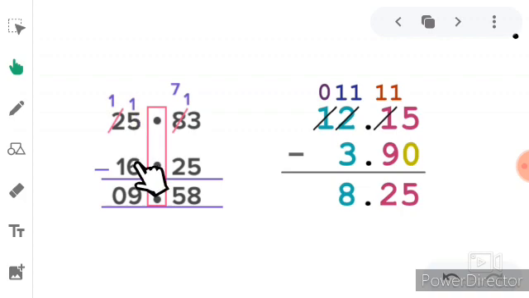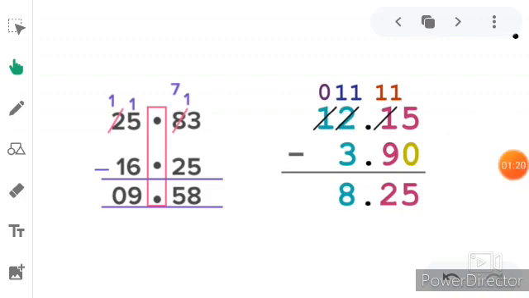Then 5 minus 6, we can't subtract 6 from 5, so we will borrow from 2. So 2 becomes 1 and 5 becomes 15, because 1 ten is equal to 10 units. Now subtract 6 from 15 is equal to 9. Then 1 from 1 is equal to 0. So our answer is 9.58.